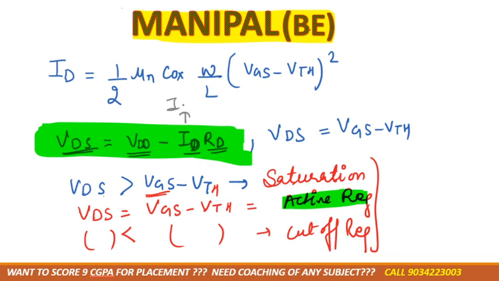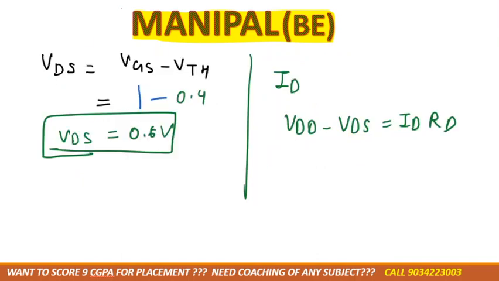From this formula I can get the value for ID. VDD we know, VDS we have calculated, RD they have given, from there we can get ID.